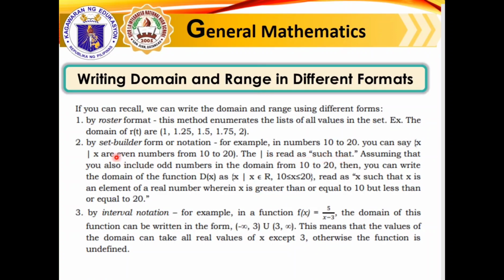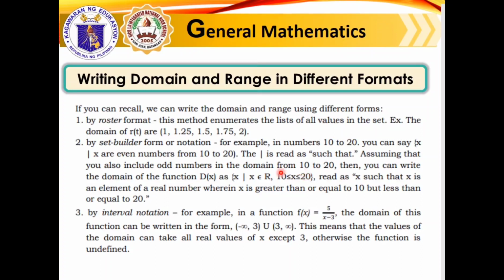Assuming that you also include odd numbers in the domain from 10 to 20, then you can write the domain of the function, which is represented by this set builder form or notation. So x such that x is an element of a real number wherein x is greater than or equal to 10 but less than or equal to 20.